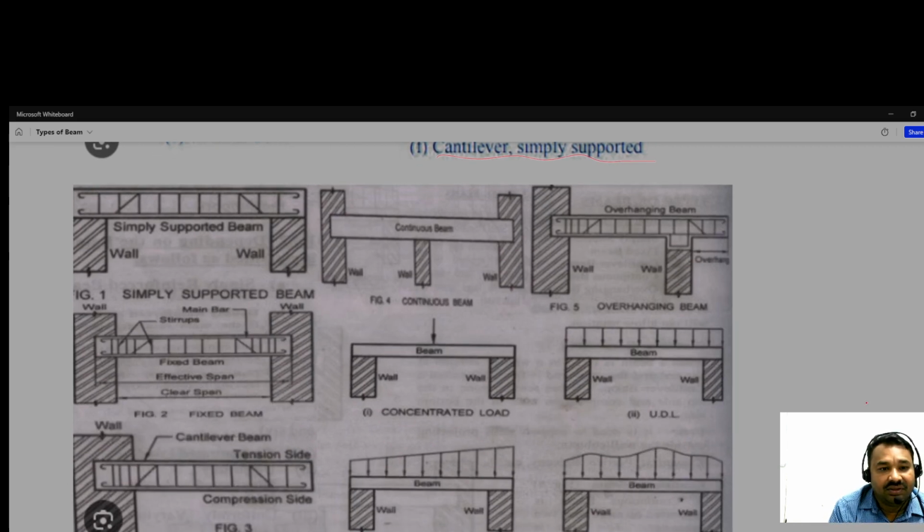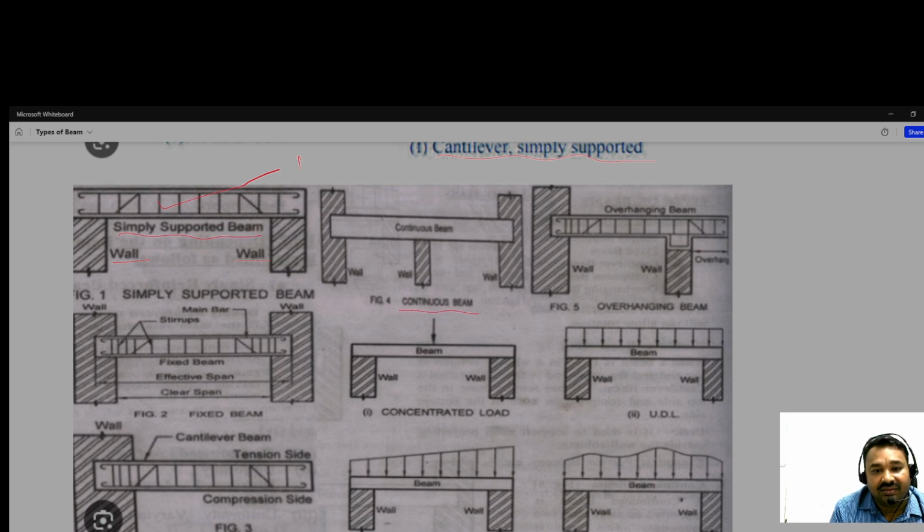This is the simply supported beam. ये पोर्शन आपका, this one is beam. ठीक है, and this wall gives left side, right side, means one side and another side. So this is simply supported beam.